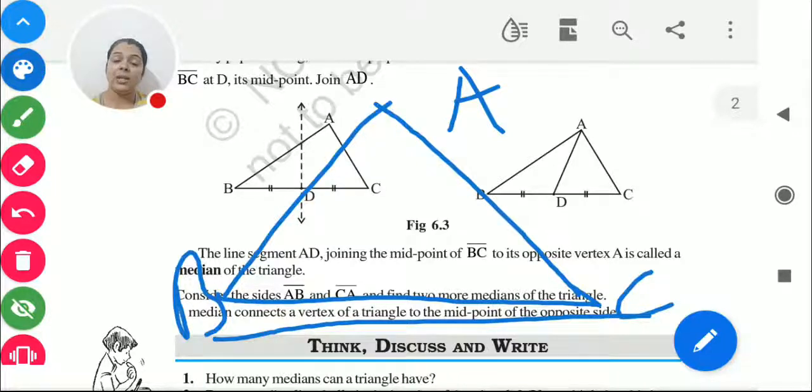Now you may have a query: how can I find it? You know very well that in class 6 you went through it, with the help of a divider and pencil.